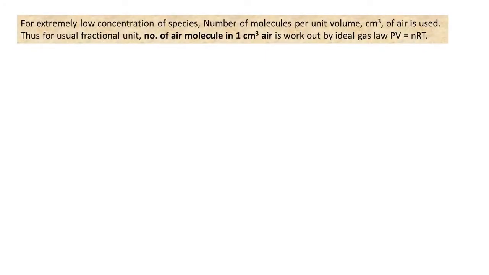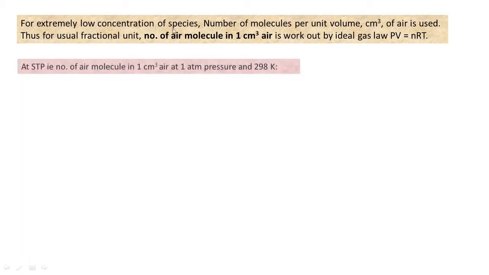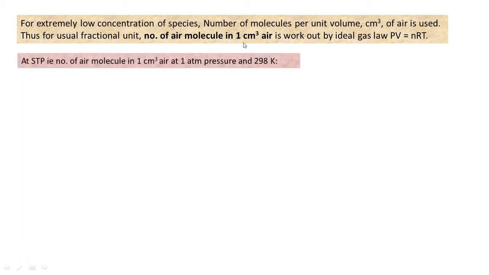Generally the gaseous species are at extremely low concentration, and the number of molecules per unit volume, that is per centimeter cube of air, is used. For this usual fractional unit, the number of molecules in 1 centimeter cube is worked out by the ideal gas law.